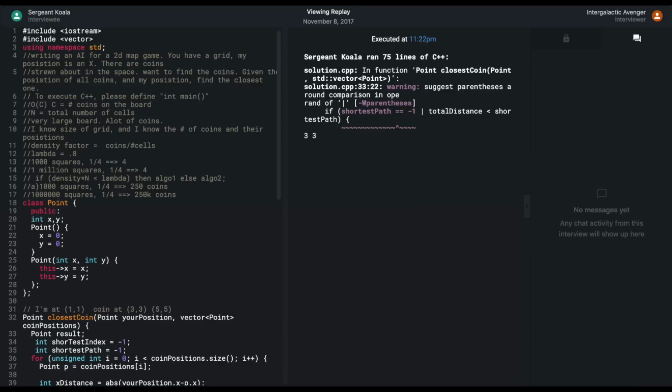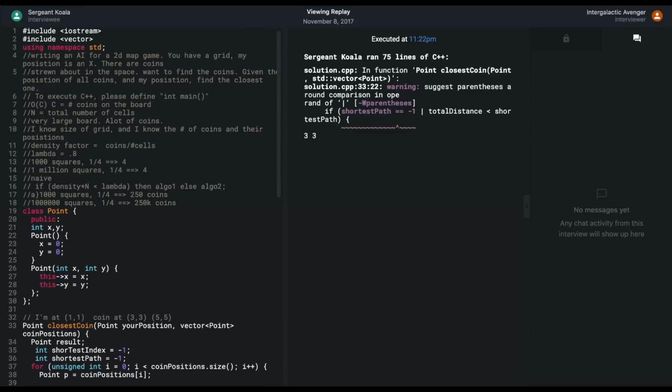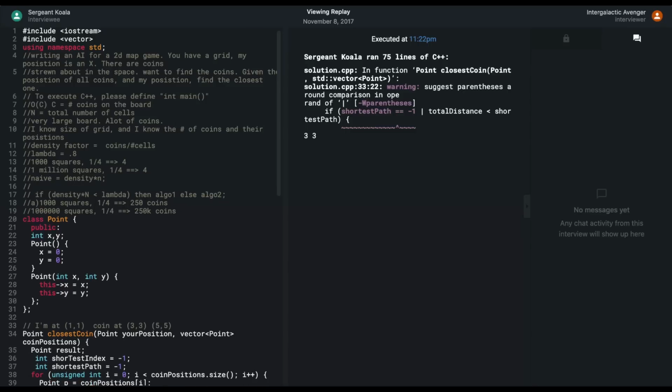So if my density is 1/4, density times n is the total cost of naive, right? Whereas the cost of BFS, best first search, equals squares.